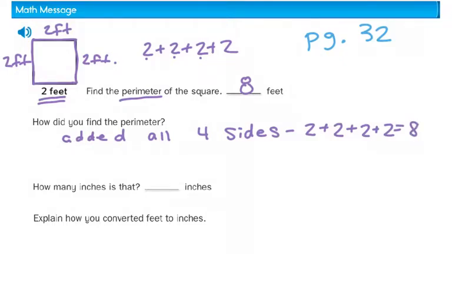Now, how do I know how many inches that is? Well, if you remember from a few lessons ago, there are 12 inches in each foot. So if I have 8 feet, I can do one of two things. I can add this 12 eight times.